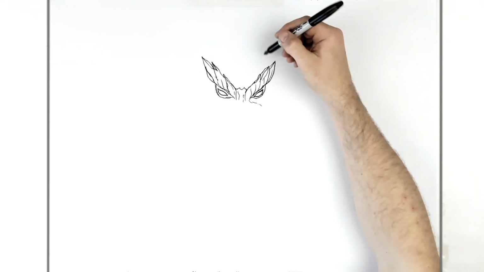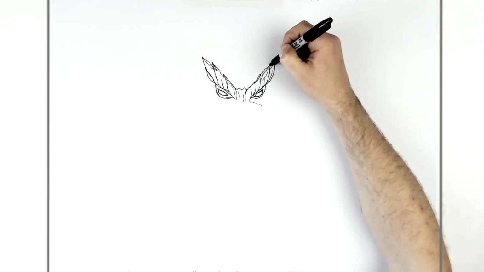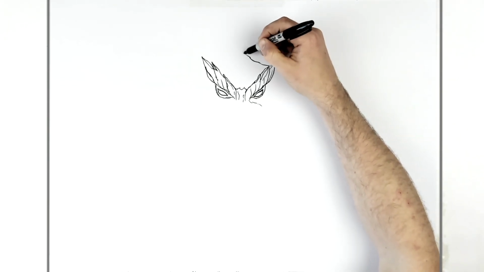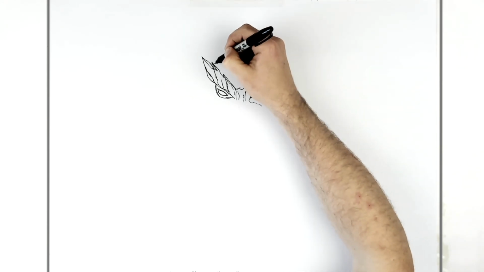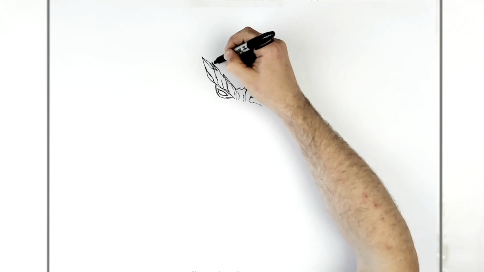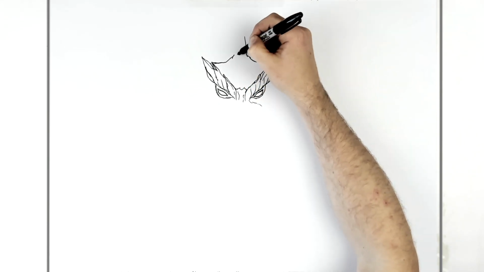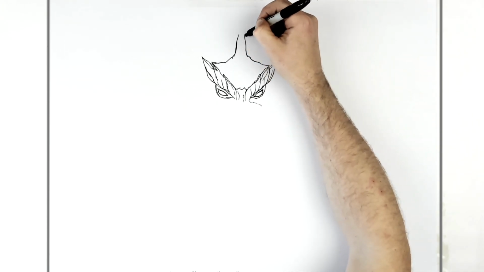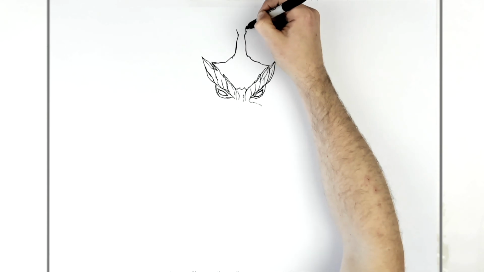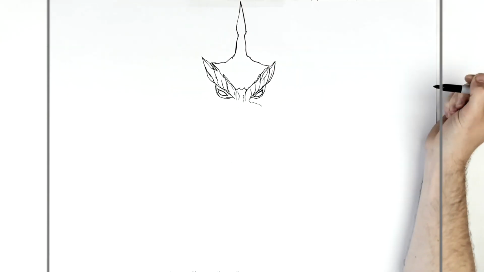Right, so I'll do it. We'll bump it out here first, okay? And then up, right? Up to a spike. We're going to do a bumpy one. Like that.